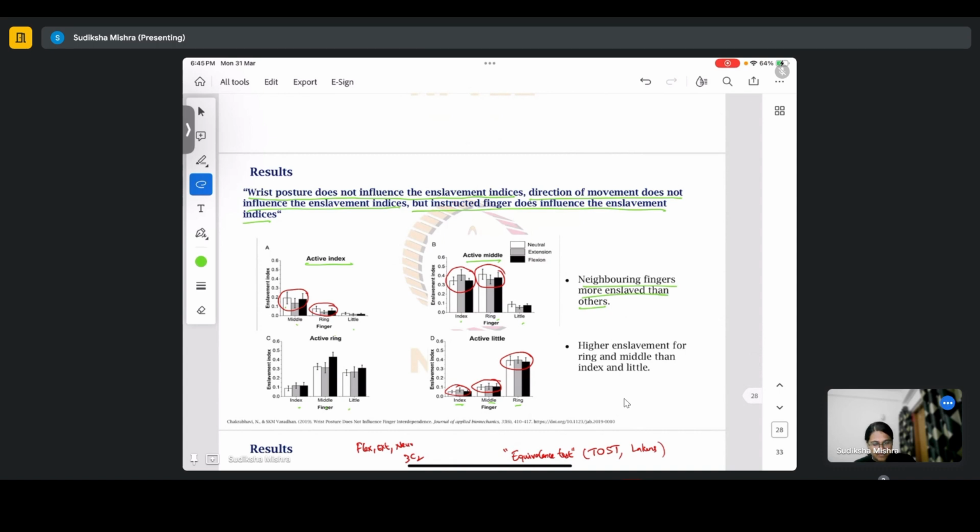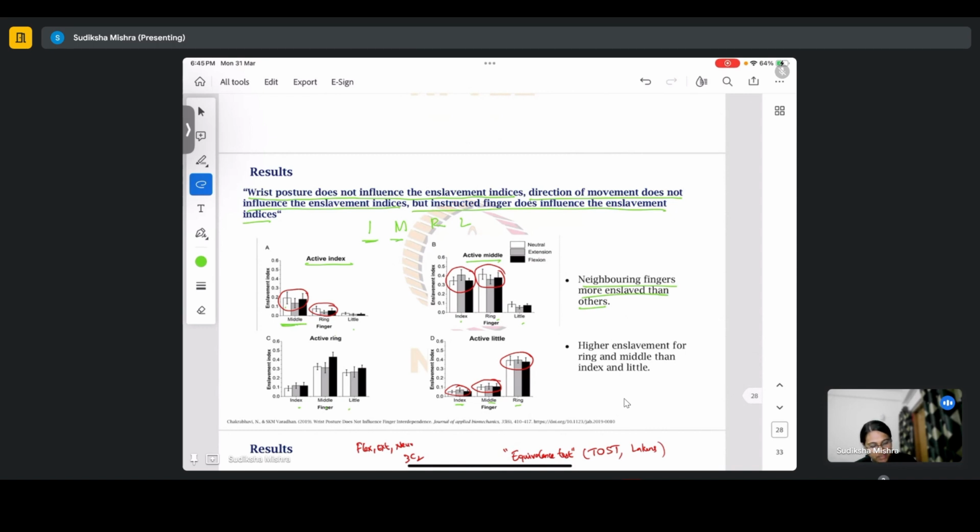As you can observe, there is a trend. If index is active, the neighboring finger, the middle finger, has the highest enslavement index amongst all of these.